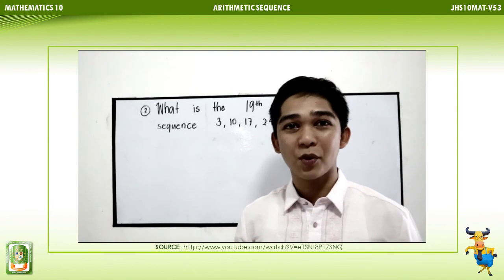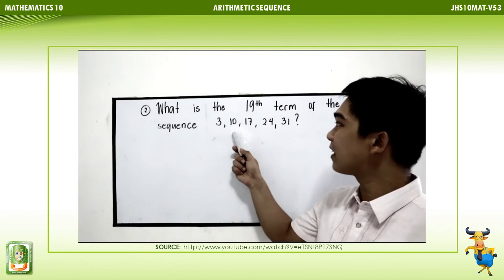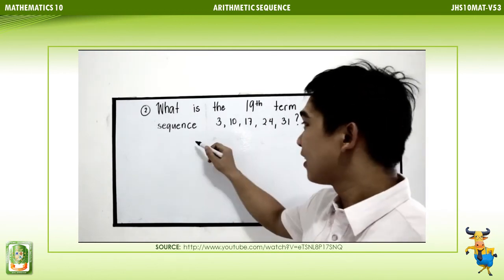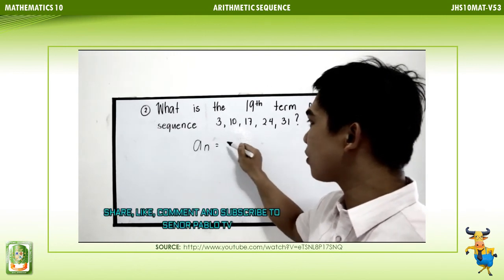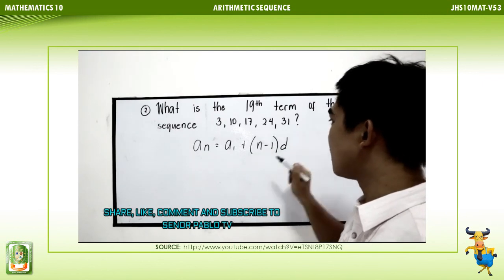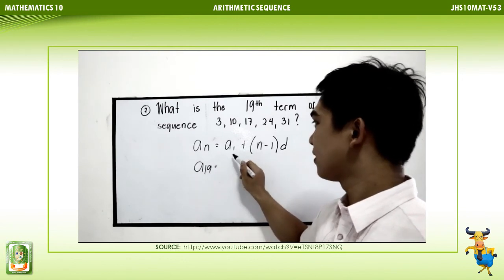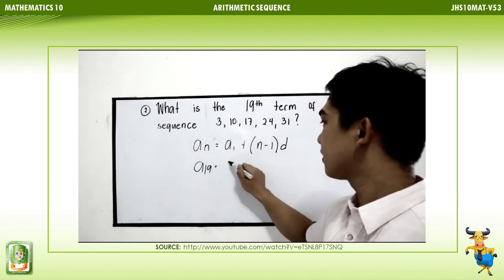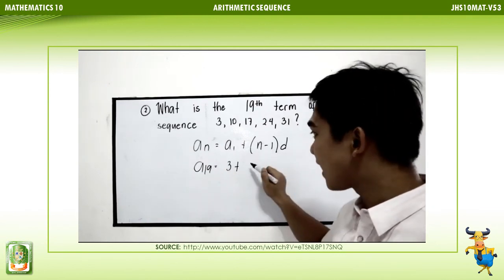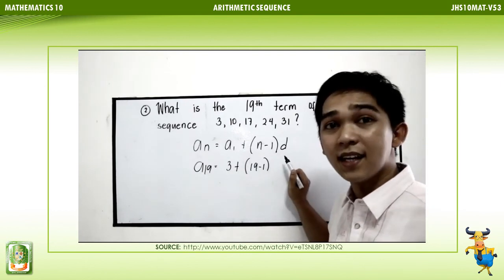Now the second example. What is the 19th term of the sequence 3, 10, 17, 24, 31? Let us use the formula AN is equal to A1 plus N minus 1 times D. We're going to find A19. So A1 is 3 plus N minus 1, our N is 19, minus 1 times D. What is D?